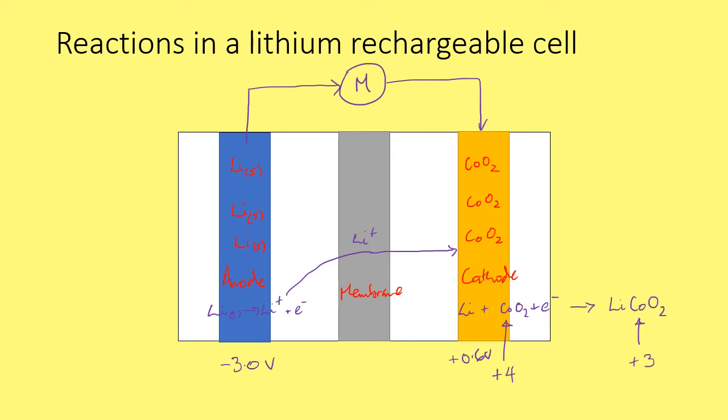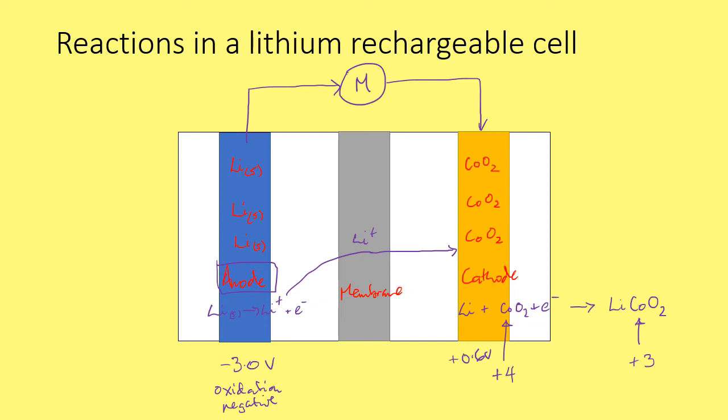And while we're at it, let's make sure that we know what's going on at the anode. At the anode, this is oxidation, and in a discharging cell, oxidation happens at the negative electrode.